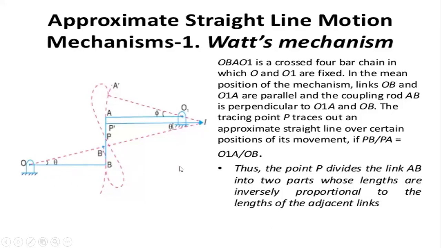The tracing point P traces out an approximate straight line over the position of its movement, when these links move in their directions. This is the angle phi and this is the angle theta, through which these links oscillate. And this is the curve here. You can see the dotted lines: this is the curve of OB and this is the curve of O1A.